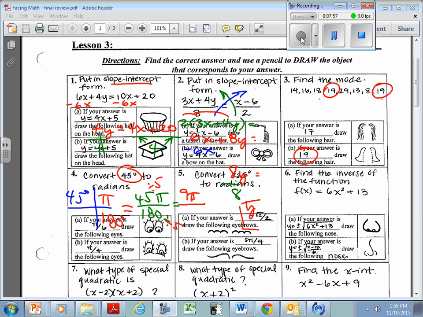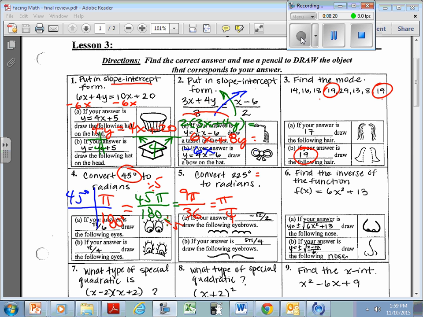How many times does 5 go into 180? 36. Good job, Caitlin. Now at this point, you can see 9 and 36. It's a little bit easier to reduce those fractions. You can tell that 9 goes into both of them. Can anybody tell what the final fraction is going to be?